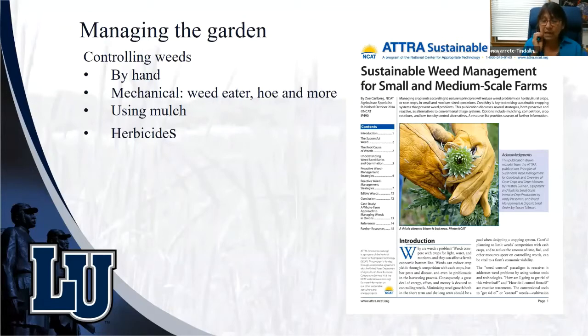With the herbicides, I'm just gonna briefly mention them because I like to only talk about organic herbicides, not chemicals. We are trying not to promote chemical herbicides. There are cases where they can be used, but in our case, in the small gardens, my opinion is that it's not necessary.